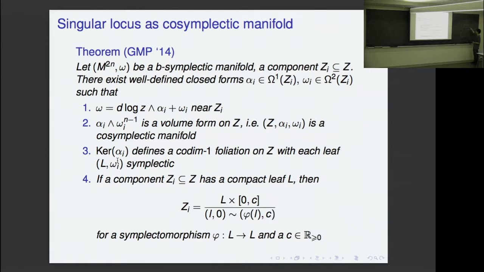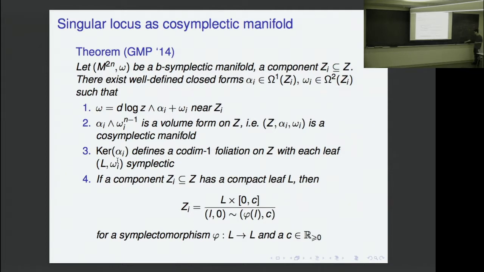And this triple is going to give us a cosymplectic structure, in the sense that if we take the wedge product of alpha with omega to the power n minus 1, then this is going to be a volume form. And this is called a cosymplectic manifold. And since alpha is a closed one-form, the kernel of alpha is going to define a codimension one foliation.